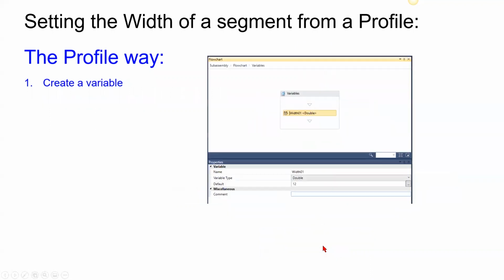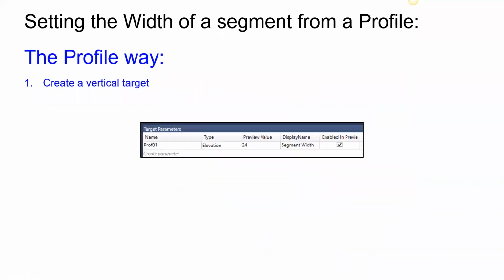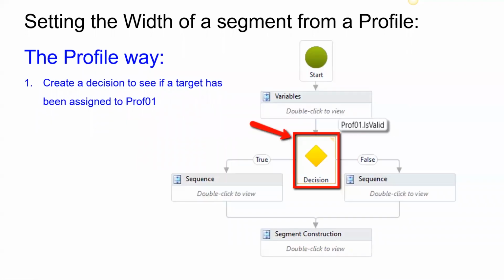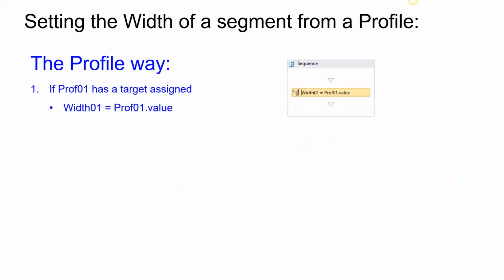Well, I'm going to jump back to here where I have width 01. Now, if the value is true, which means it did find a vertical target, it assigns the value of profile 01 to width 01. And it's just the sequence, width 01 equals profile 01 dot value.